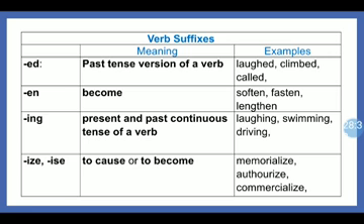If I see a particular word ending with -en, it means what? It means become. For example, soften, to become soft. Fasten, to become fast. Lengthen, to become longer.